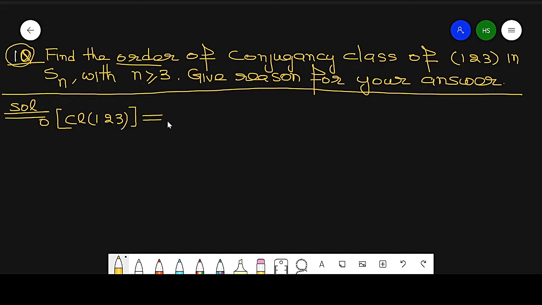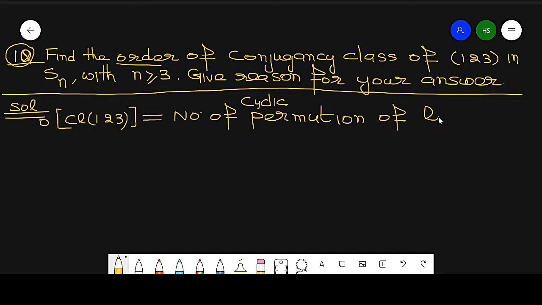So this is equal to the number of cyclic permutations of length 3. Remember that. Now the order of this is the number of permutations of length 3.